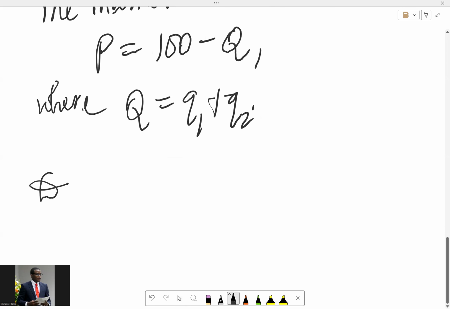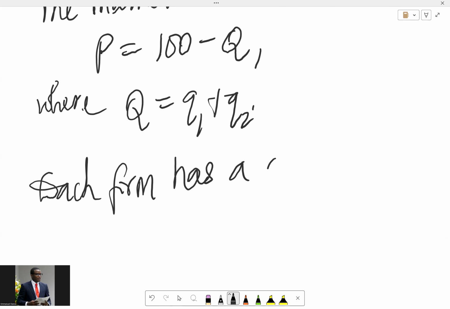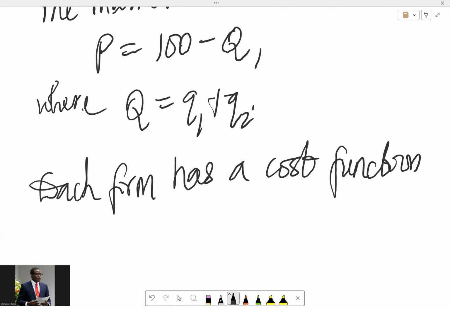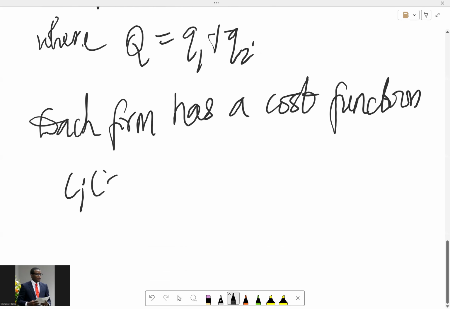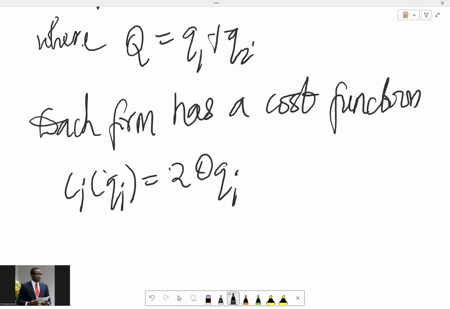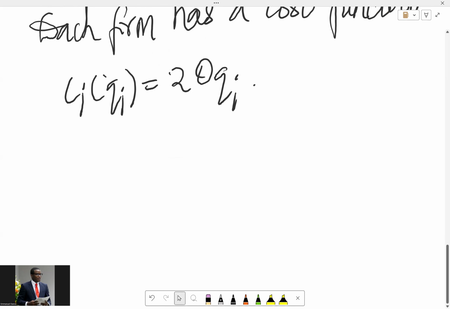And then each firm has a cost function, Ci of Qi. Of course, cost is dependent on quantity produced. That is equal to 20 Qi. So if we have this kind of thing, imagine the kind of things we have to find.